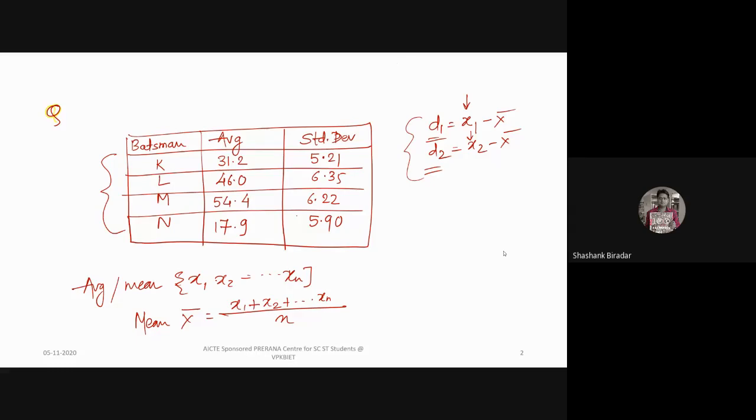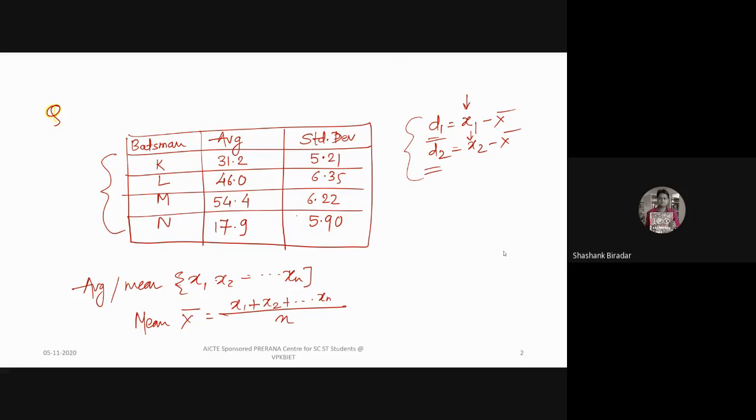The answer for this particular question is: if the standard deviation is less, there will be less deviation, hence the batsman is more consistent. Lesser standard deviation means more consistency.